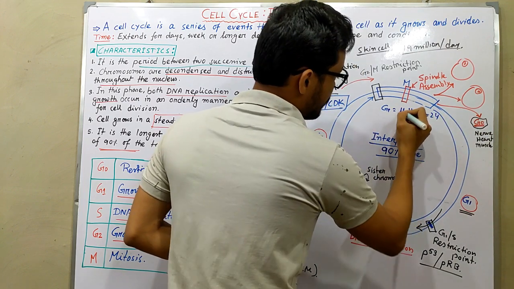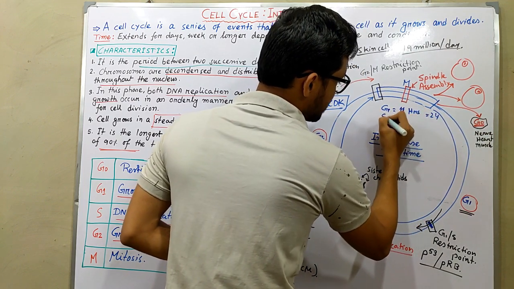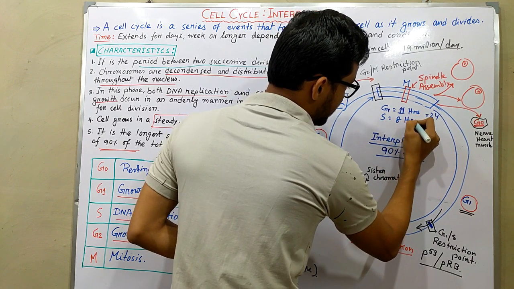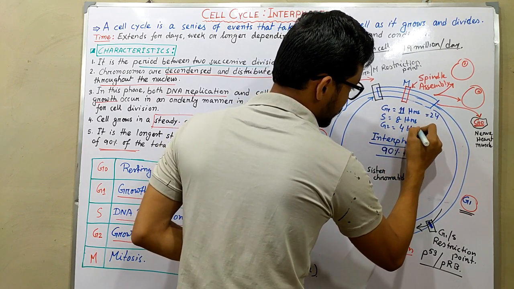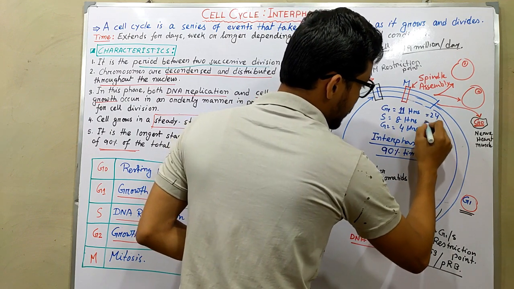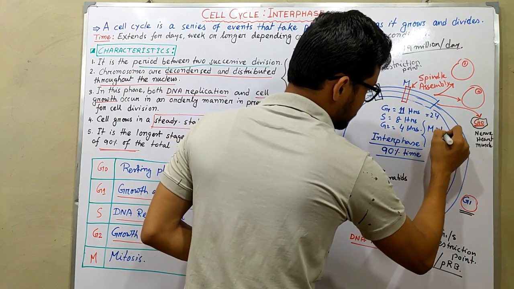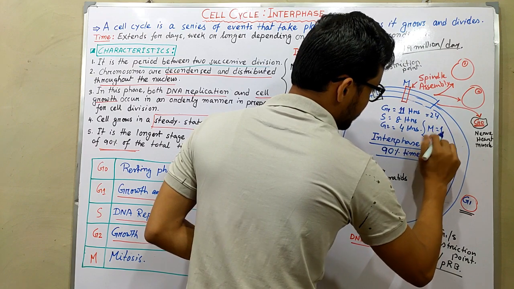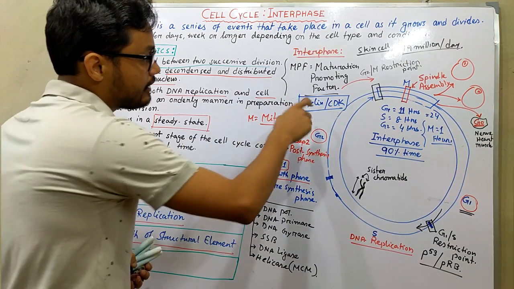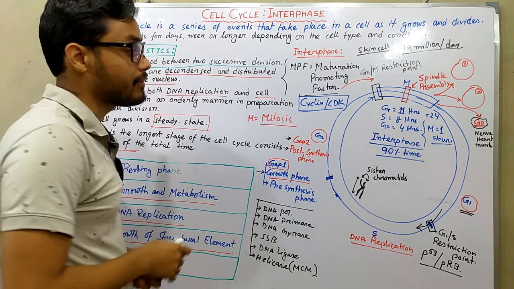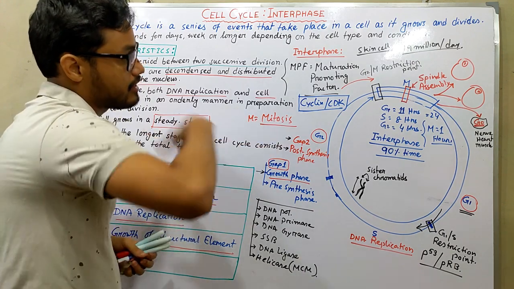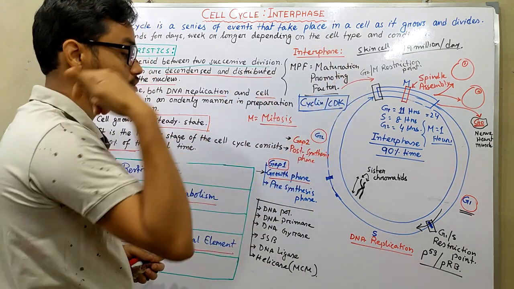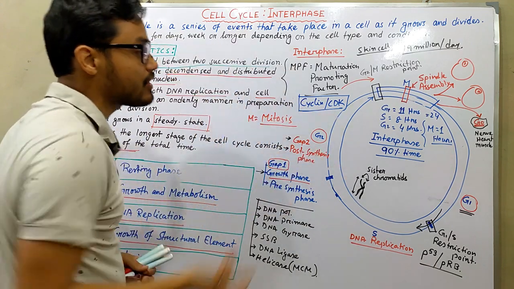G1 consists of 11 hours, S of 8 hours, G2 of 4 hours, and the remaining 1 hour is M phase. Cyclins and CDKs play a very important role in the G1 to S transition, the S to G2 transition, and the G2 to M transition.